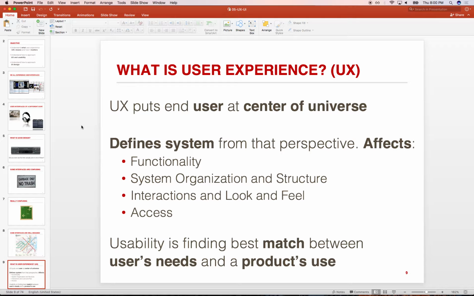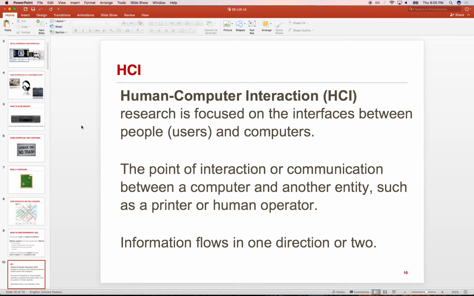So there are several perspectives or aspects that we like to look at: how the system is organized, the types of interaction, the accessibility, functionality, and just to make sure that the user's mental model matches the reality, right? And that we're producing something that gives value to the user.